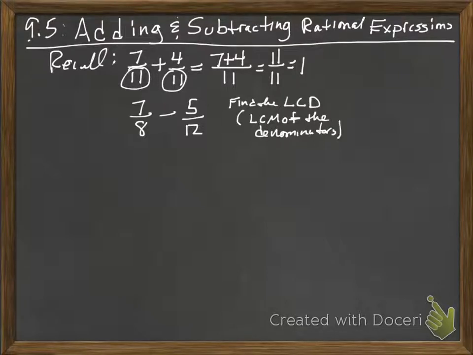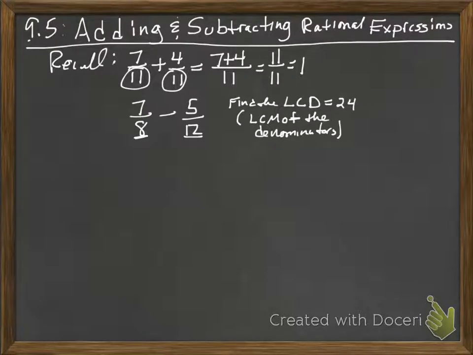You have to find the smallest number that both 8 and 12 will divide into, and when it's just numerical, you don't necessarily have to factor things all the way down, although that would help. Here you might know the smallest number that both 8 and 12 divide into would be 24. So the LCD, the lowest common denominator for this example, is the number 24, right?